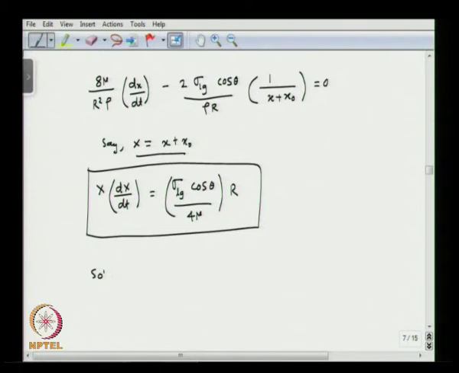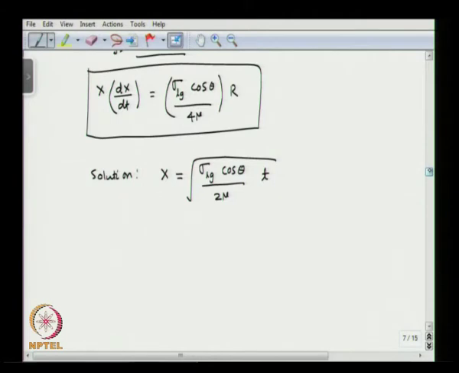So, we can get the solution as this. The solution would be X squared is going to be sigma Lg into cos theta r divided by 2 mu into t. Or we can convert back to the original variable. In that case we can say x of t is going to be the square root of sigma Lg into cos theta r divided by 2 mu into t, minus x0.